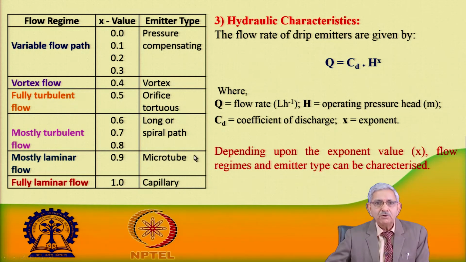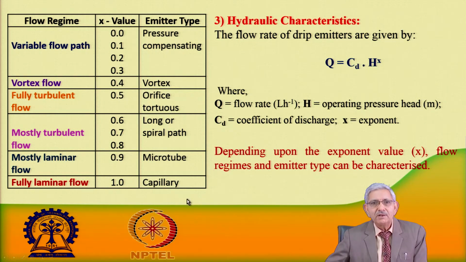Now, if x equal to 1, this is the other extreme case. When x equal to 1, such drippers are known as fully laminar flow, and this is a capillary, means the water is coming from a capillary tube.